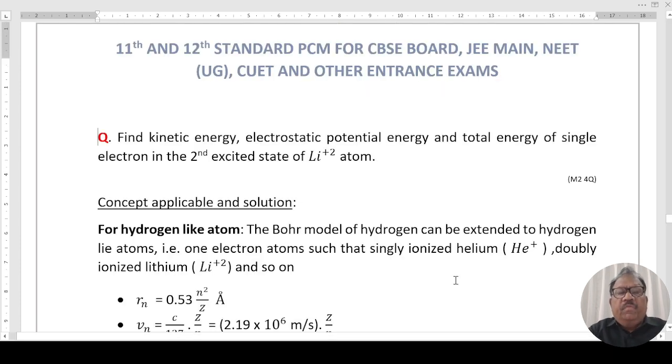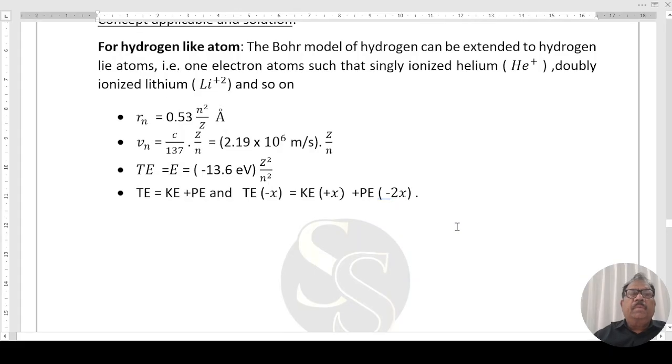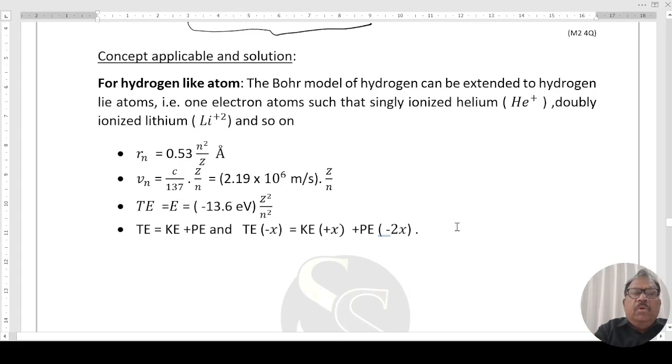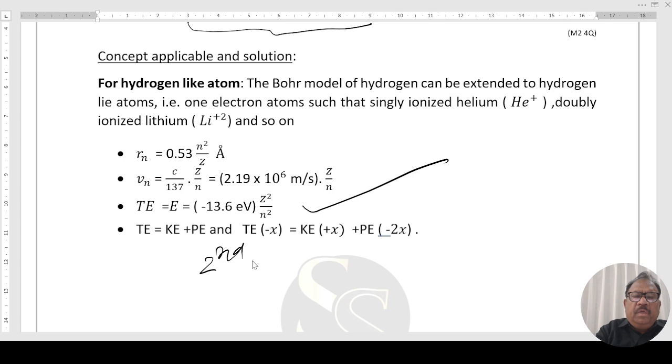Question is, find kinetic energy, electrostatic potential energy and total energy of a single electron in the second excited state of lithium +2 atom. Doubly ionized lithium atom. Right? Concept applicable solution. It is a hydrogen-like atom. The formula applicable will be this one. Second excited state means n equal to 3.